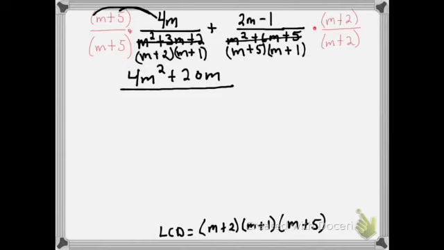And now on the bottom we have this common denominator of m plus 5, m plus 2, and m plus 1. I've had people ask in the past, does it matter if those three factors are listed in the same order? The answer to that is no. As long as you have all three of them, it does not matter the order of those.